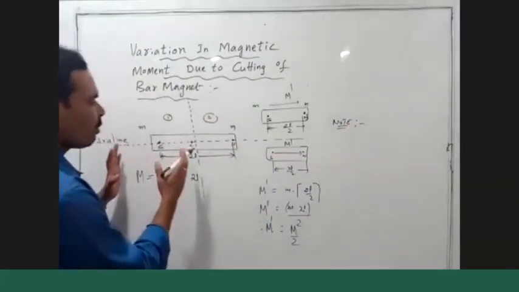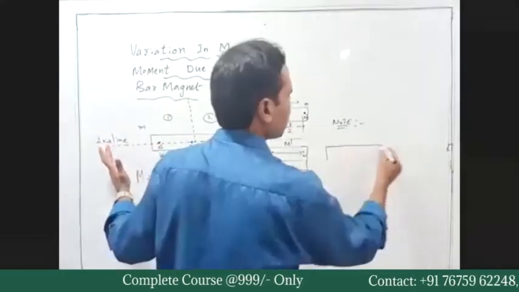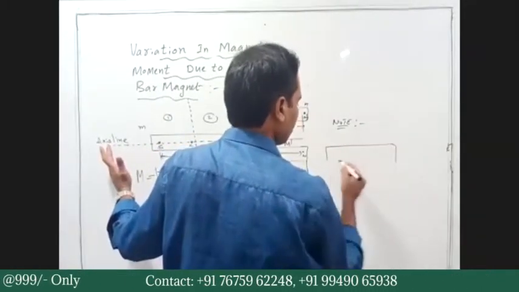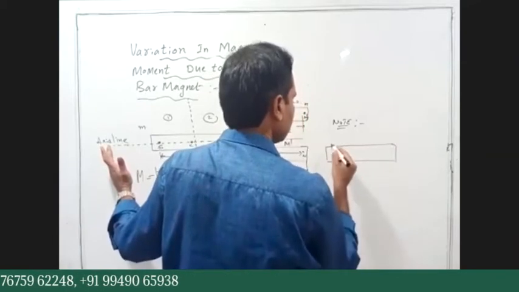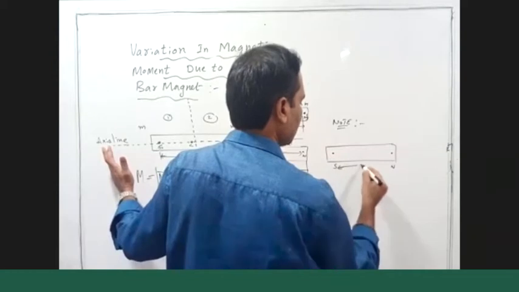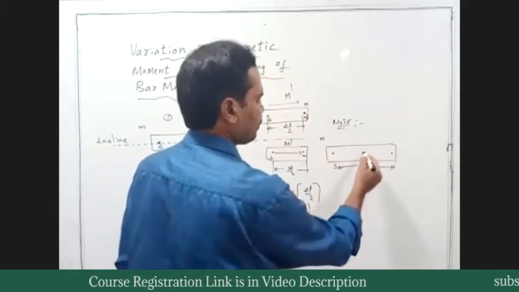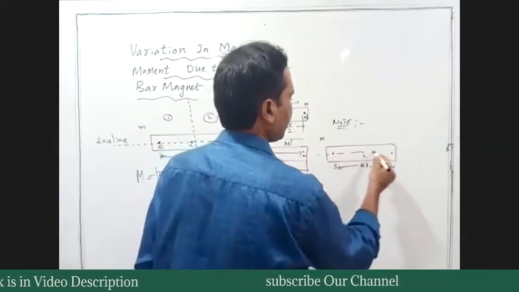suppose now I divide this bar magnet into x equal parts. This is our bar magnet, this is the south pole, this is the north pole, and this is the total length of the magnet, whose pole strength is M. This is the center of the bar magnet.